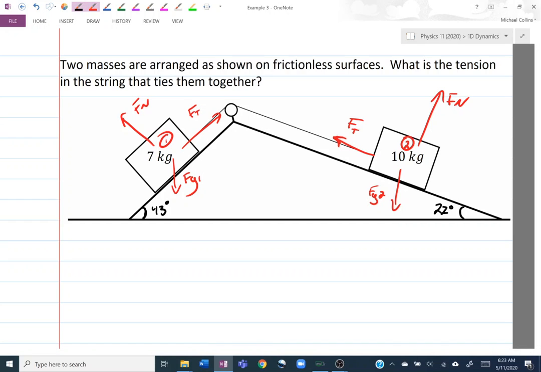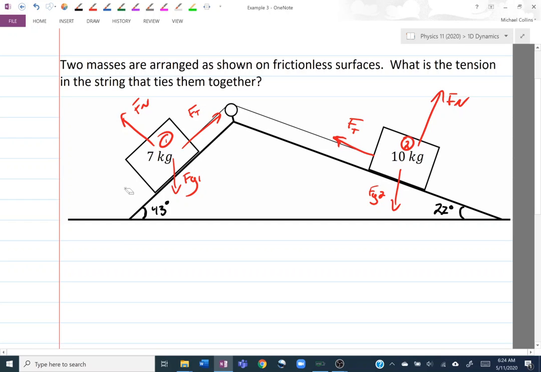Again, I am going to call the direction of motion my plane of motion, and I actually don't know which direction this is going to move at all. I have this 7 kilogram mass, which is lighter, but is on a much steeper incline than this 10 kilogram mass, which is heavier, but on a flatter incline. So I have no idea.